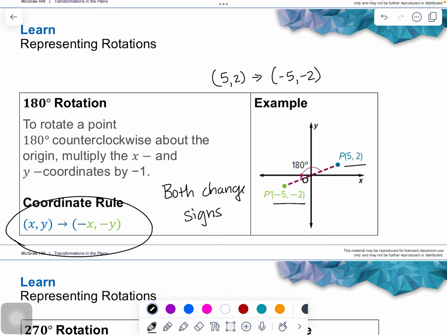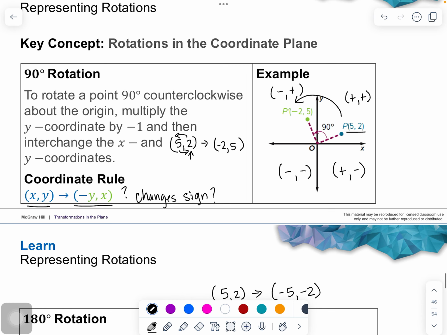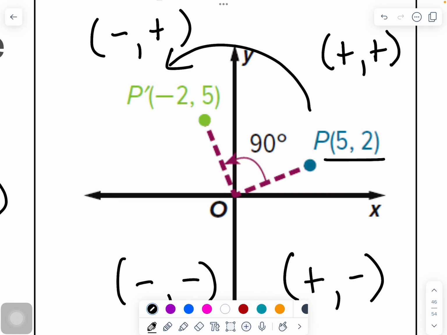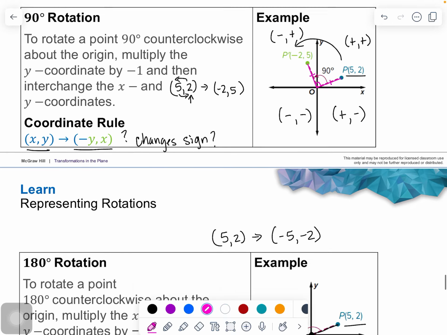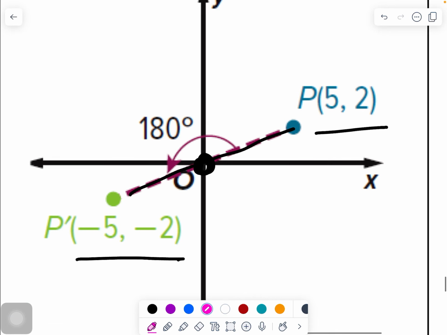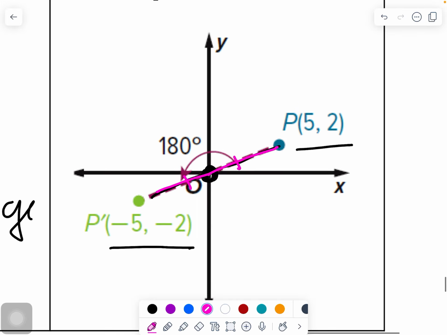When you draw a line back to the origin, because they're both going around the origin, it's a 180-degree line there. Did you notice that up here? That if you draw a line from this point back to the origin and from the pre-image back to the origin, it makes a 90-degree angle? That's kind of cool. They're also the same length. Same down here. Same length. All right.